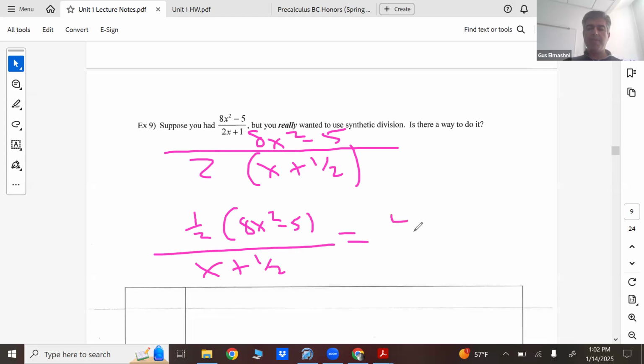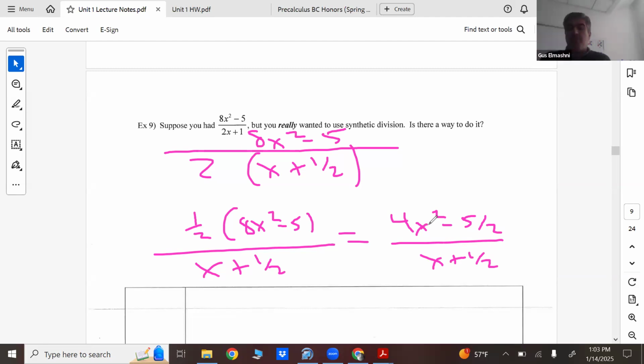And now it becomes this. Because what happens when you divide by 2? What's the equivalent of dividing by 2? Multiplied by half. If I factor the 2 from here, and even though 2 is not a factor of 1, I force it out by dividing by 2. And then if I'm dividing by 2, it's equivalent to multiplying by half. And I distribute the half to get 4x squared minus 5 halves over that.